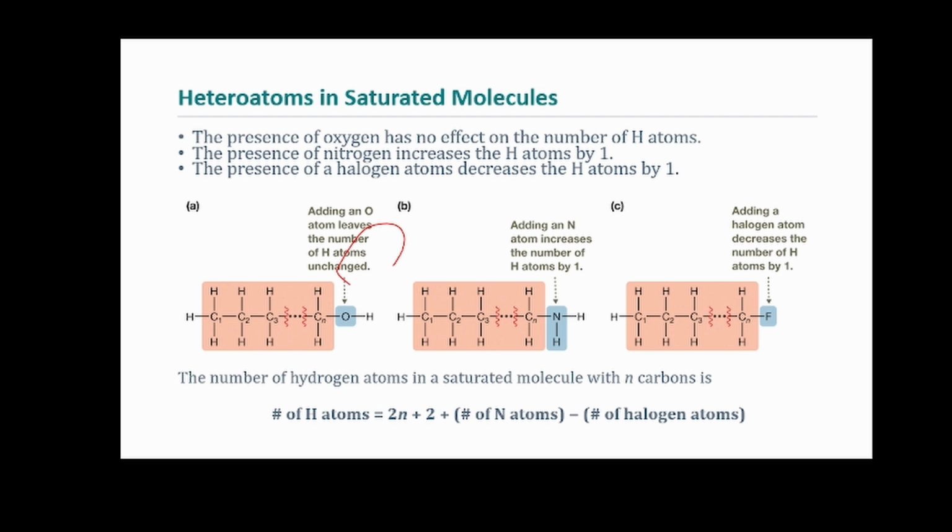Okay. If we have a nitrogen, well, the nitrogen is 1 less than the carbon, or another way of looking at that is if we slot it in between a carbon and hydrogen, we have to add 1 hydrogen, right? Okay. So your number of carbons plus 3, right? Okay.